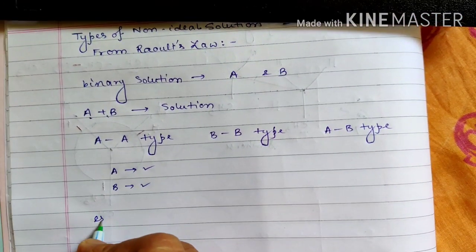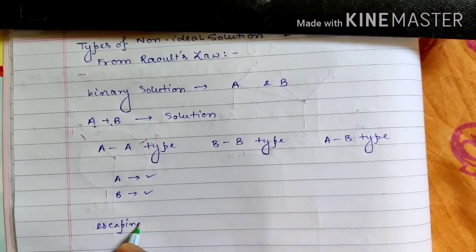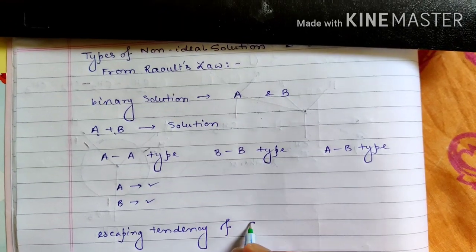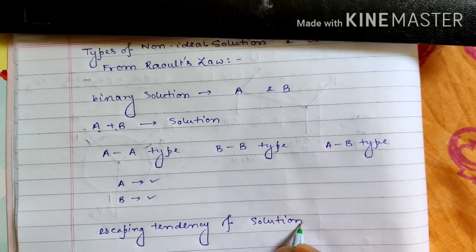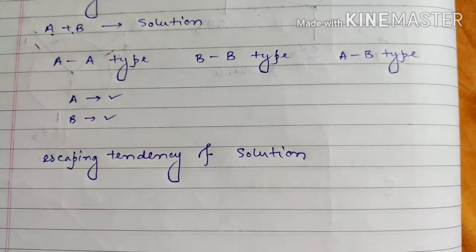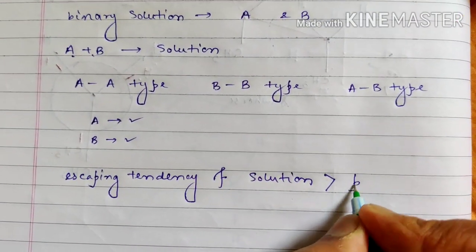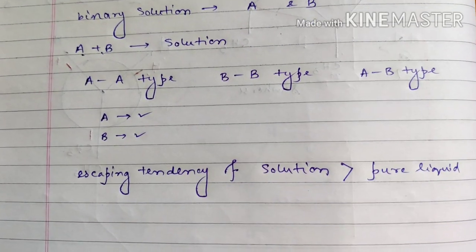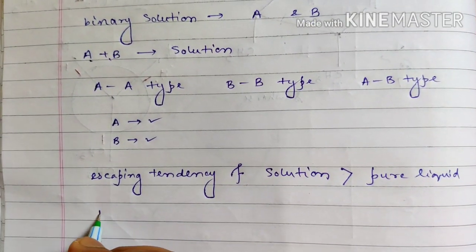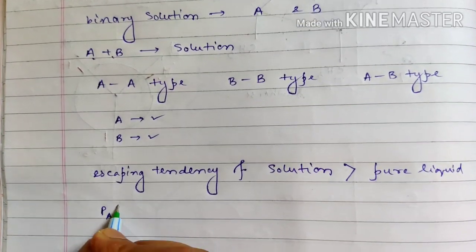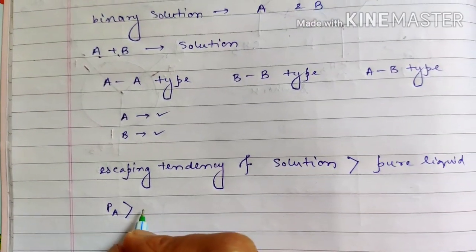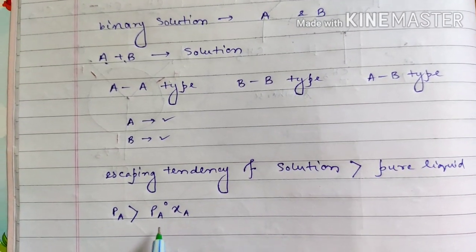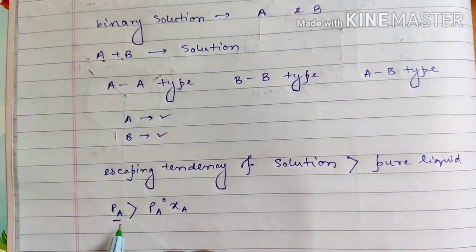If the escaping tendency of the solution is greater than that of the pure liquid, then the solution will give rise to a larger vapor pressure compared to the pure solvent itself, meaning PA.